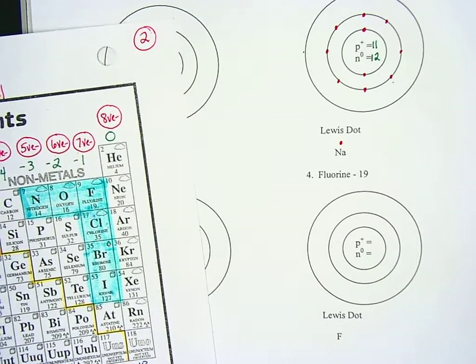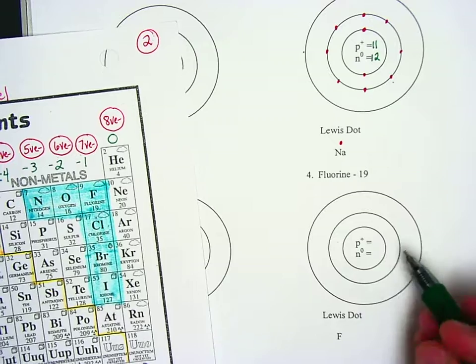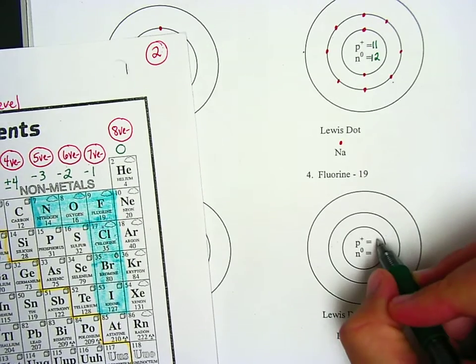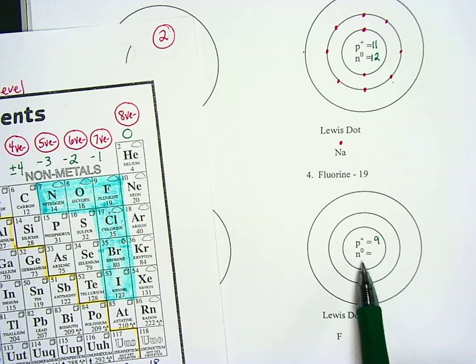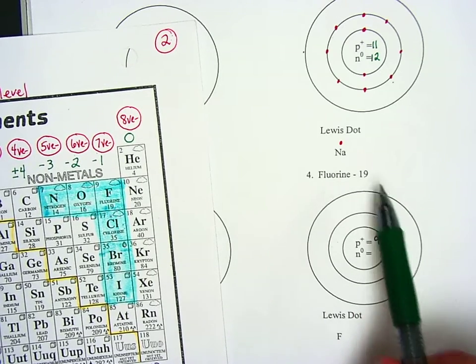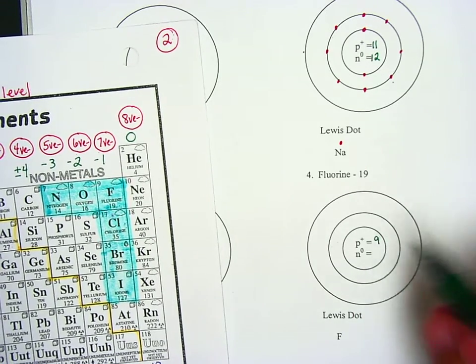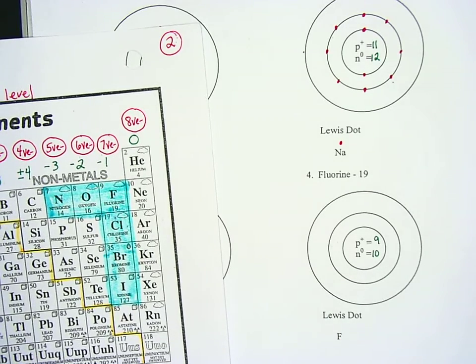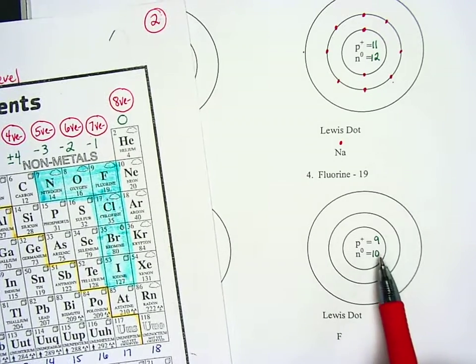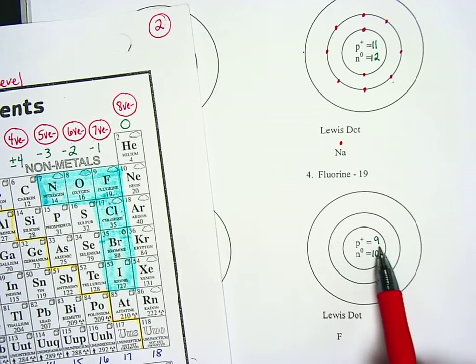So the number of protons for fluorine is 9. Now to get the neutron number, we take the mass, which is 19, minus the proton number, so then there's 10 neutrons.